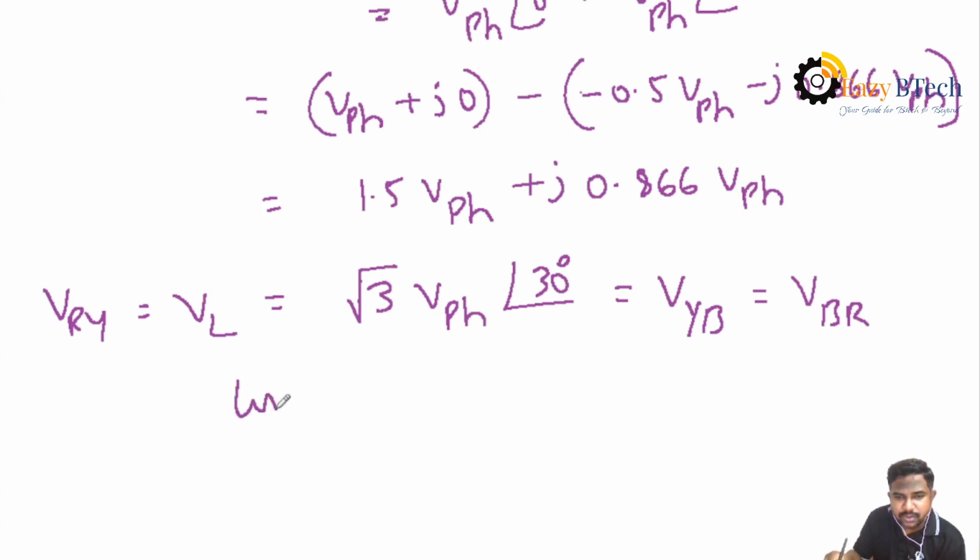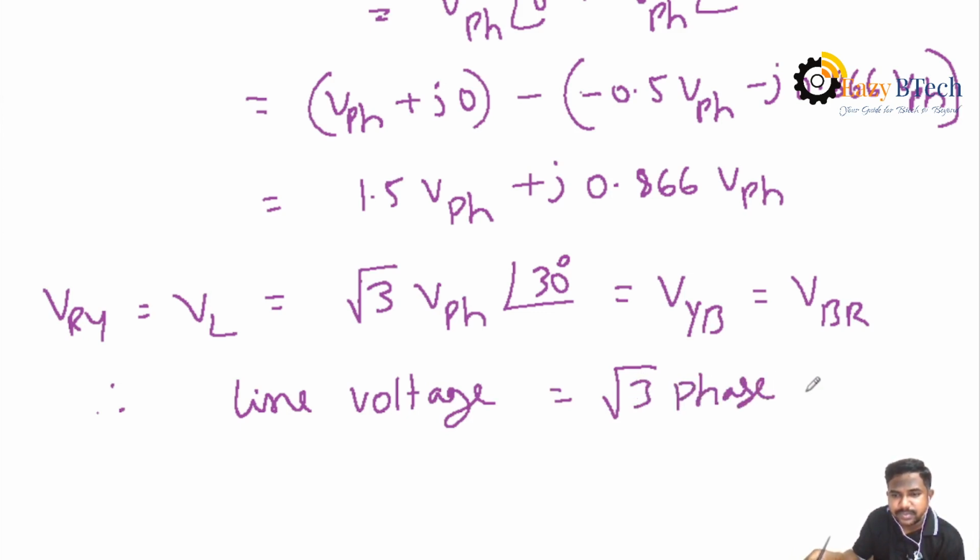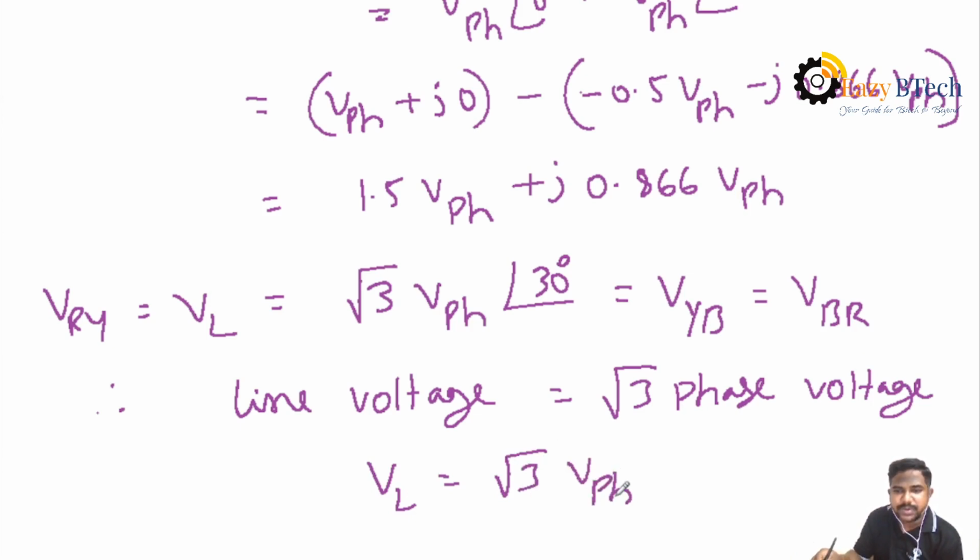Therefore, what is the relation between line voltage and phase voltage? Line voltage equals root 3 times phase voltage. Simply we can write VL equal to root 3 VPH.